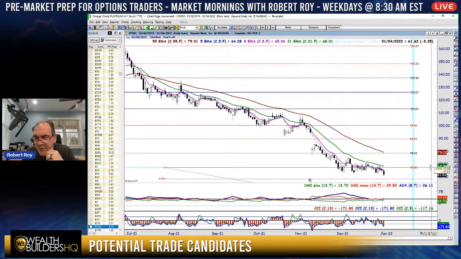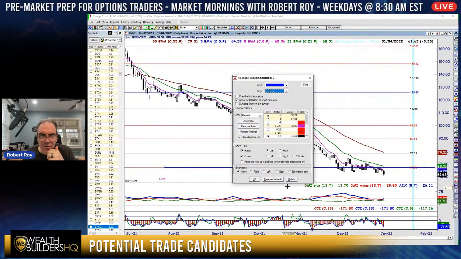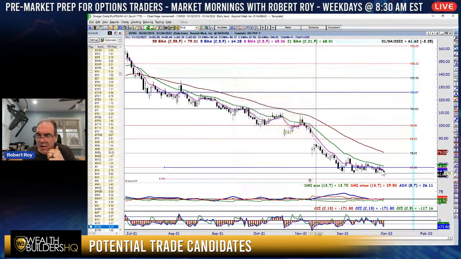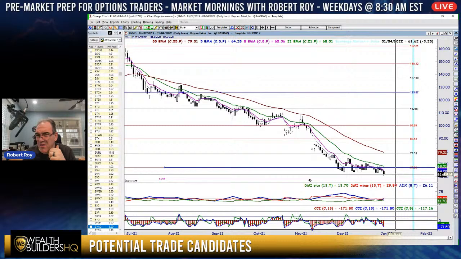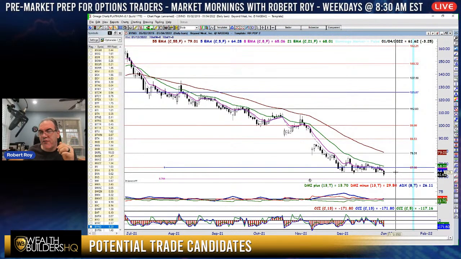67 is our fib line. So we pushed up near it, but we have not broken it. I don't know if this is enough for me to want to take a bullish trade.